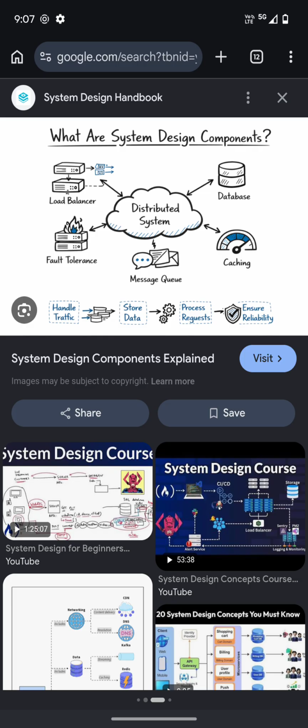The databases, yes, you have to choose the right database for your requirement. We have relational databases, non-relational databases, and graph databases. What is the business requirement? Is it a banking application? Then you go for a relational database because you want to follow ACID properties.